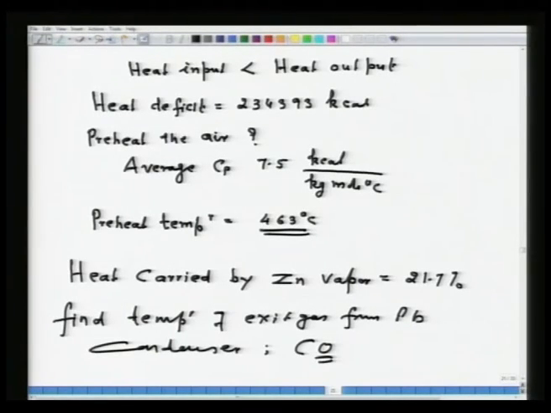Now, one can evaluate the potential energy that is available if combustion of CO is carried out, and with the temperature of the waste gas exiting the condenser, the total amount of heat that will be available. Of course, here one has to integrate the waste heat recovery facility and the combustion facility of the gas exiting from the lead condenser with the preheating facility of the air.